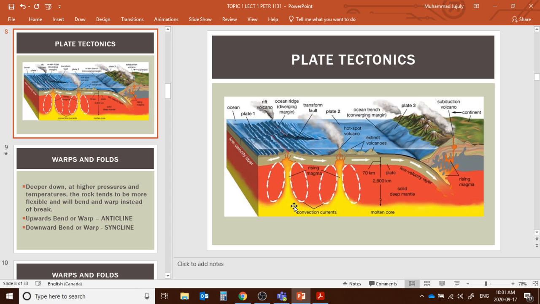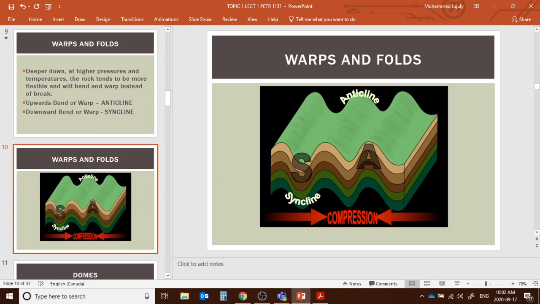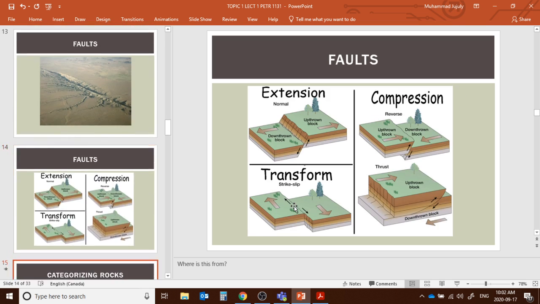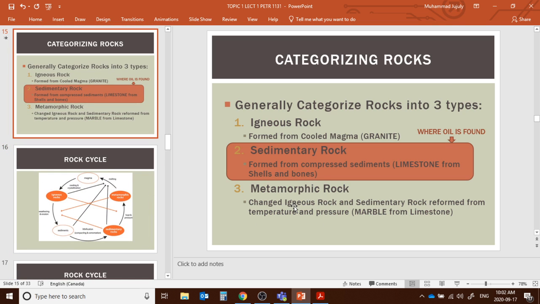But when it moves up to the surface of the earth, due to our atmosphere's temperature, the magma quickly solidifies, and that type of solidified rock we call igneous rocks, directly from the magmas.